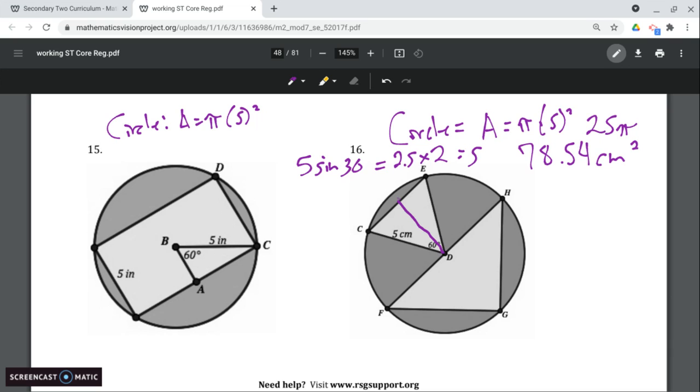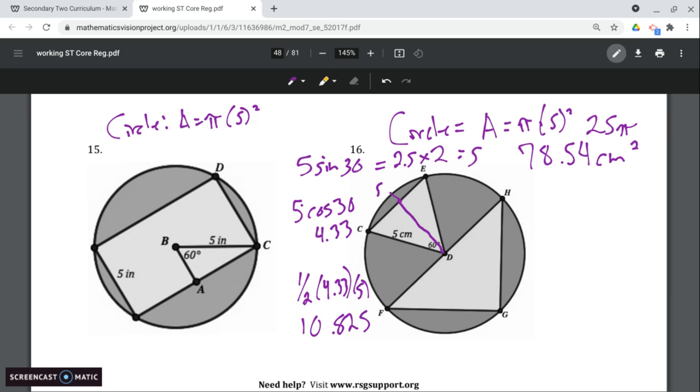So this side here is 5. Now we need to know the apothem, so we use cosine. So 5 cosine of 30, which is going to give us 4.33. So we take 1/2 times 4.33 times 5.